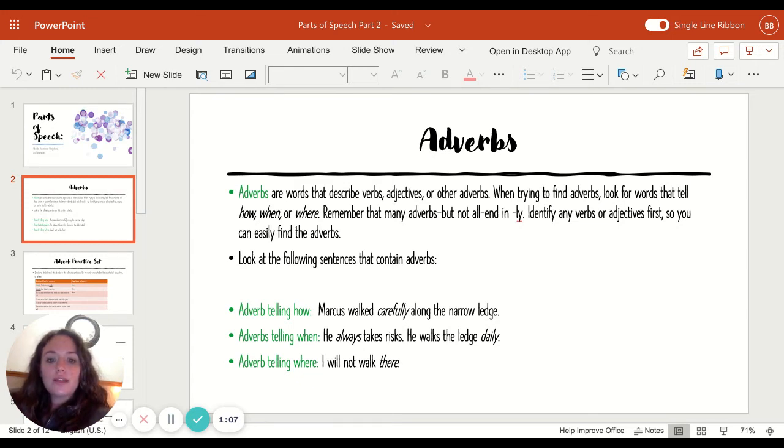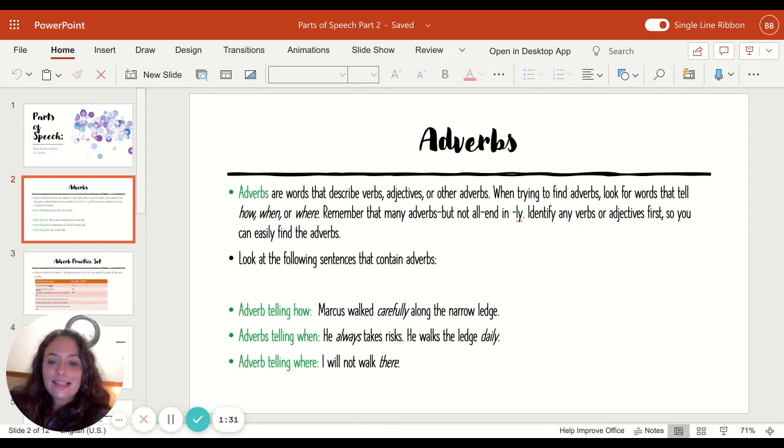Look at the following sentences that contain adverbs. The adverb telling how: Marcus walked carefully along the narrow ledge. So walked is our verb. How did he walk? He walked carefully, right? Adverbs telling when: he always takes risks.